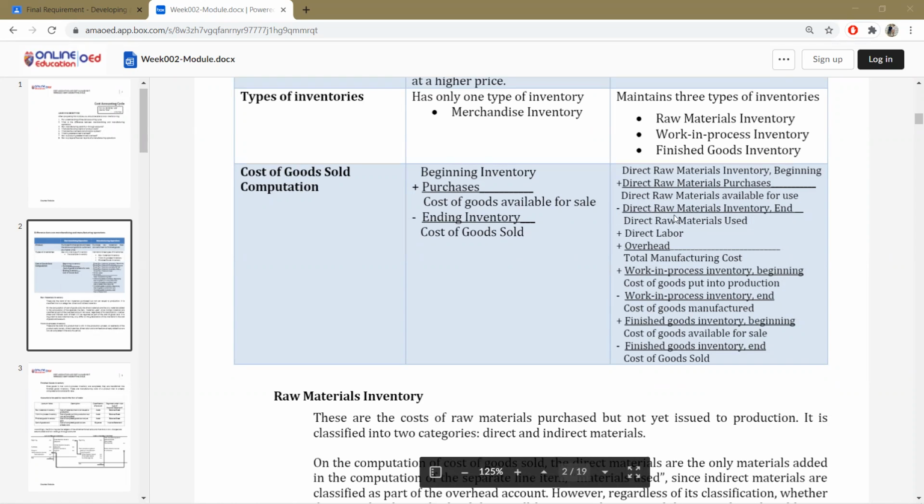Okay. And then because it also comprises direct labor, because direct labor is part of the product cost, that's why it is part of the cost of goods sold.